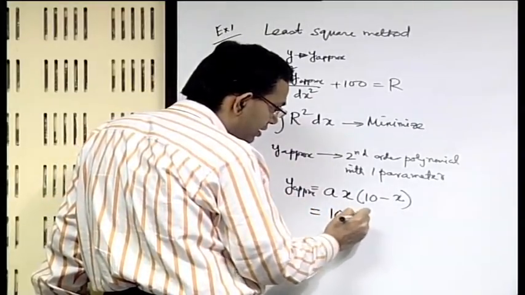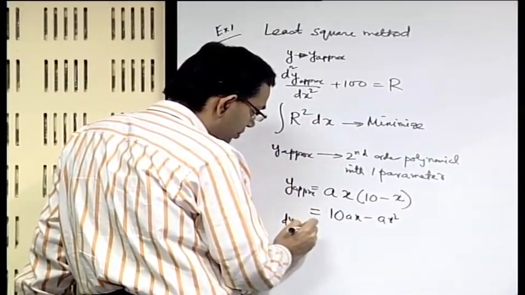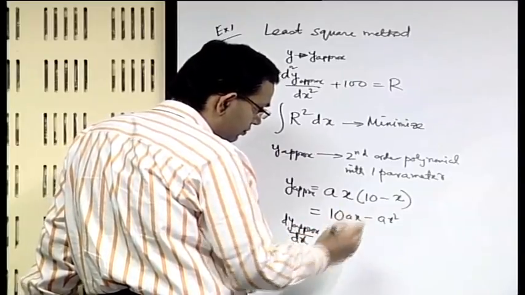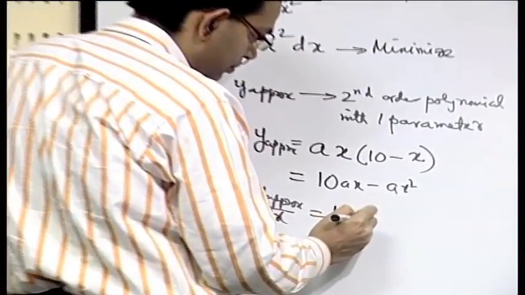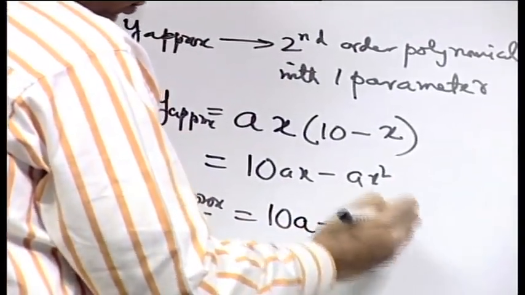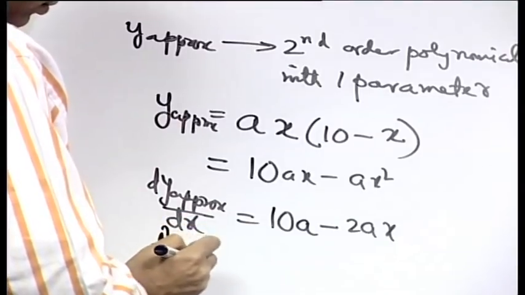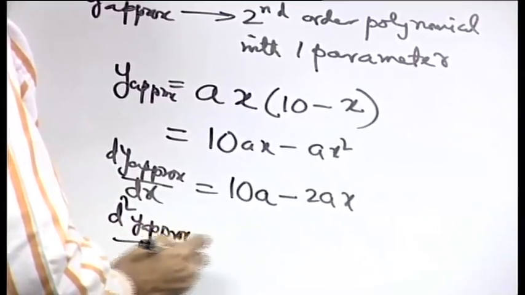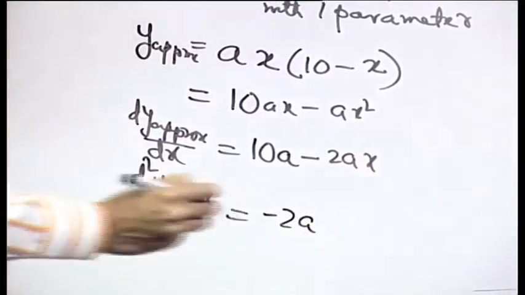So, y approximate is 10ax minus ax square. The second order derivative, d2y approximate by dx2, is minus 2a.